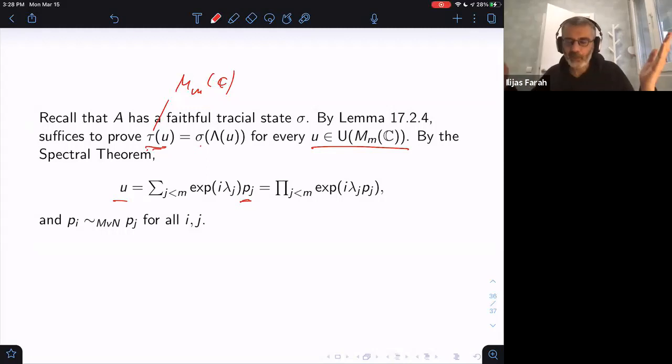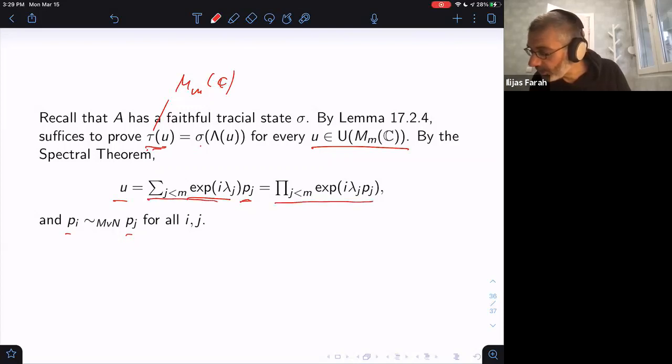So you just diagonalize U and look at the eigenvectors. P_j is the span of the jth eigenvector, and e^{iλ_j} are the eigenvalues. I'm repeating eigenvalues with multiplicity more than 1, so that each one of these projections is a rank 1 projection. Another thing is this sum is equal to the product.